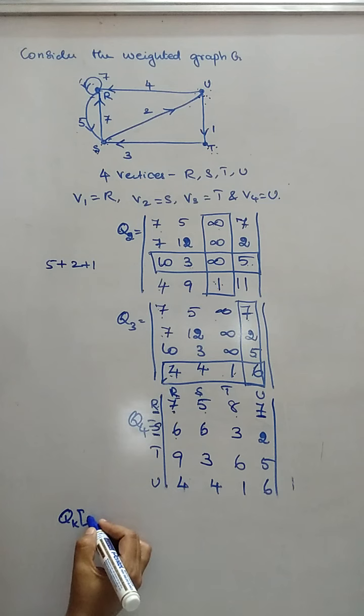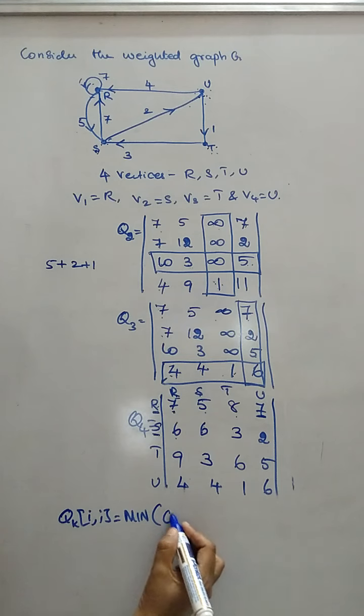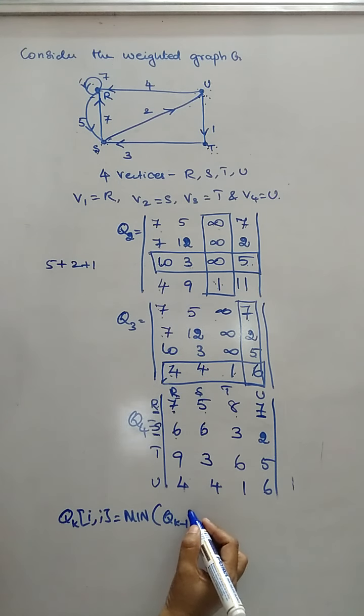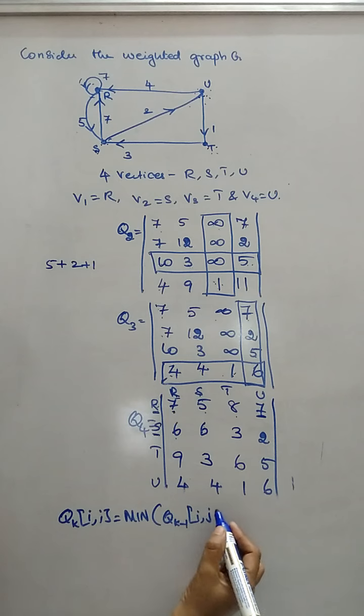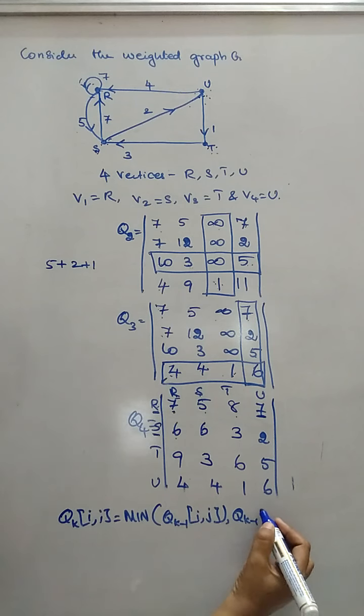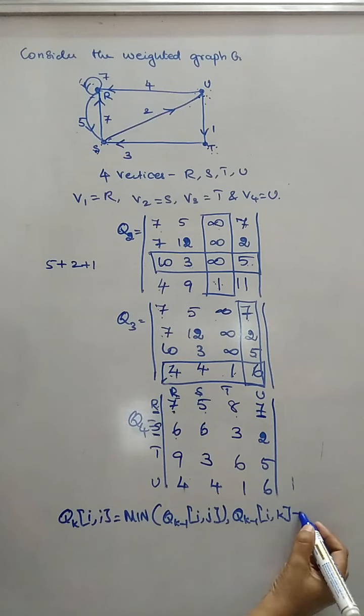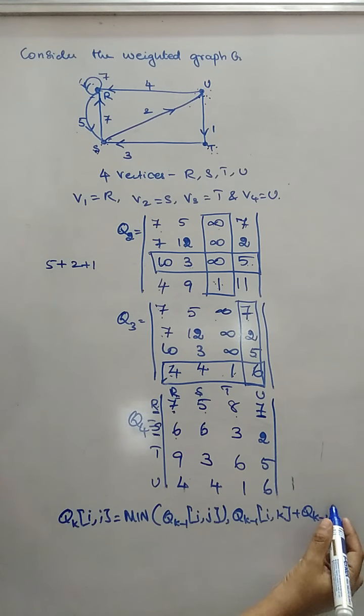Q^k of i, j is equal to min of Q^(k-1) of i, j, comma Q^(k-1) of i, k plus Q^(k-1) of k, j. That's all. So these are the equations. By using these equations only we have solved these things.